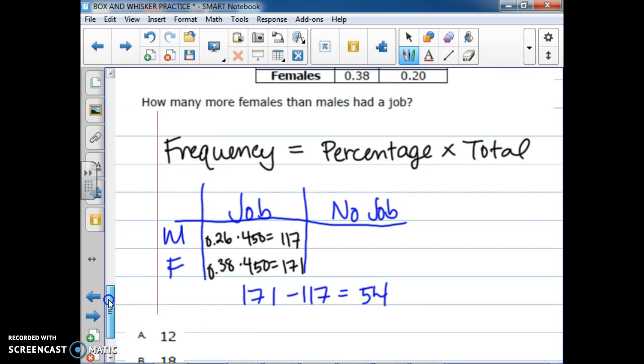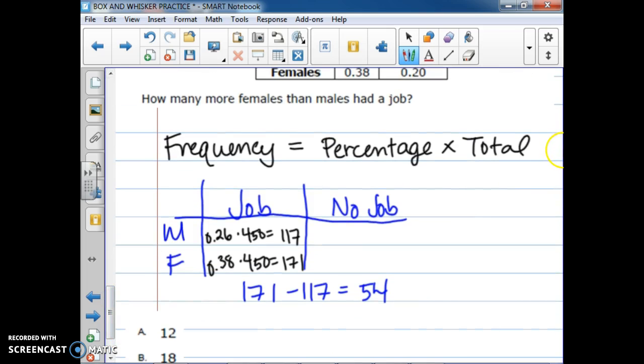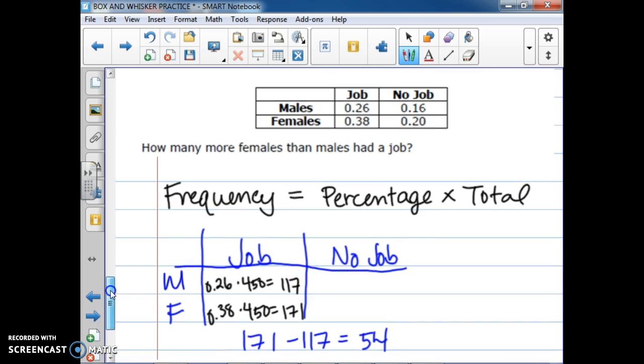All right, so now just to fill out the rest of the chart, I'm going to do the frequency of the males and females that did not have a job. So I would take 0.16 times 450. Okay, that's going to give me 72.